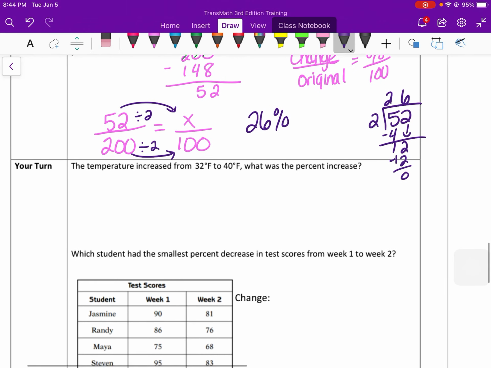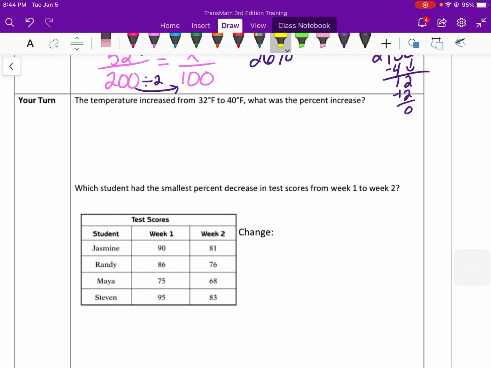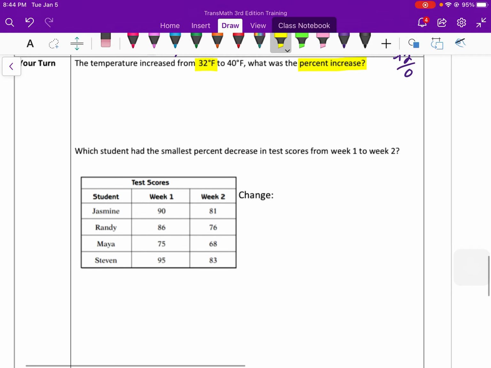All right, go ahead and try a few on your own. This one's looking for the percent increase. So you find the change between 32 and 40 degrees, but you use the 32 as your original temperature. And then for these ones, I want to know the percent decrease in test scores. Which one had the smallest percent decrease? So you'll have to find each student's percent decrease from week 1 to week 2.